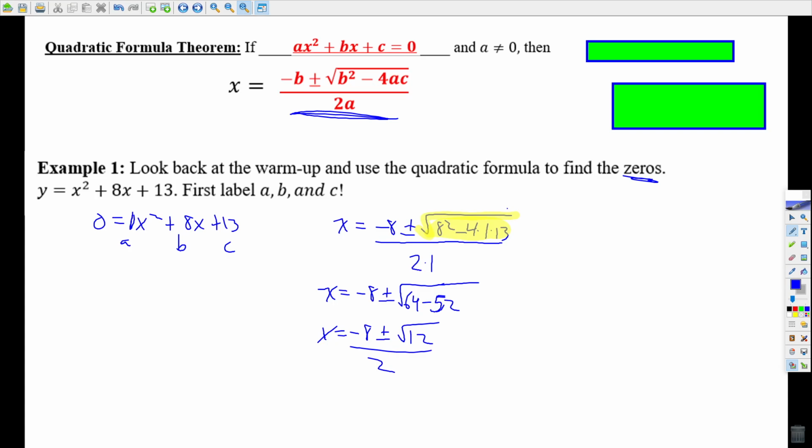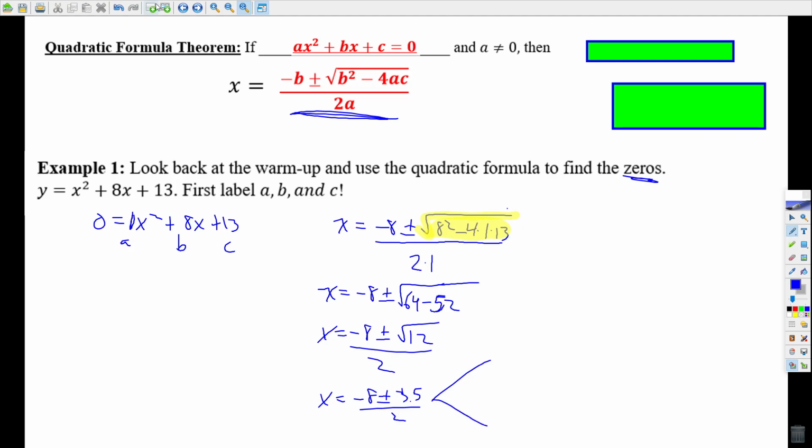So we're going to get about 3.46. I'll round to 3.5, round it up. I'll do one more line down here. So x equals negative 8 plus or minus 3.5 all over 2. At this point, we need to split it into 2 different equations.